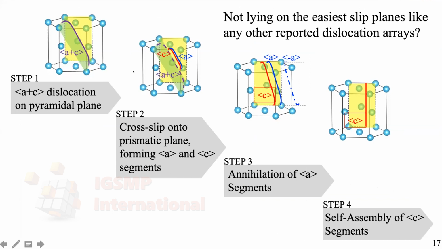The reason is that we are not only going through the self-assembling of the dislocations, but also through the dislocation decomposition, and then they cancel with the negative sign of one of the segments, and eventually just leave these C dislocations, which are likely immobile in that situation.